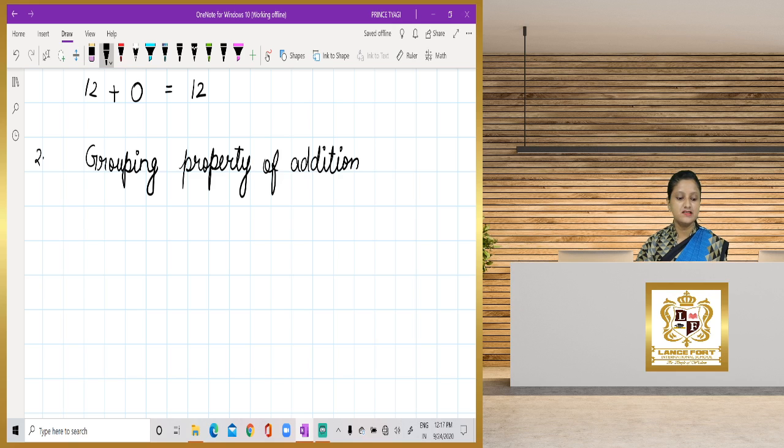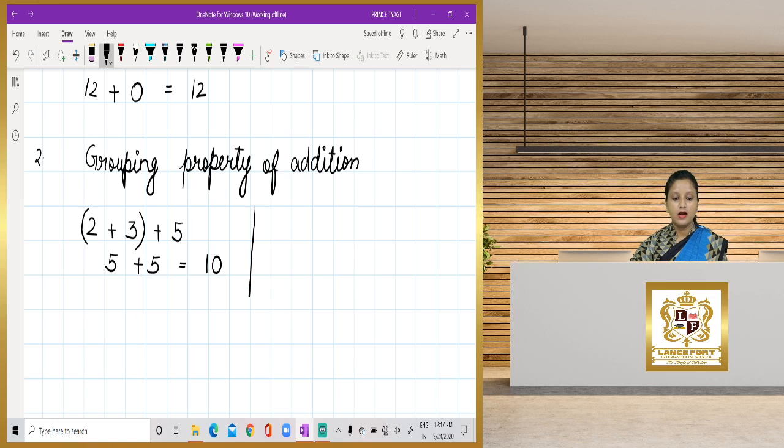Let us take an example. 2 plus 3 plus 5. So we have to group, we have to make a pair of any two numbers first. Here I am making a pair of 2 and 3. As you can see, 2 plus 3 is 5. Now 5 plus 5 is 10.